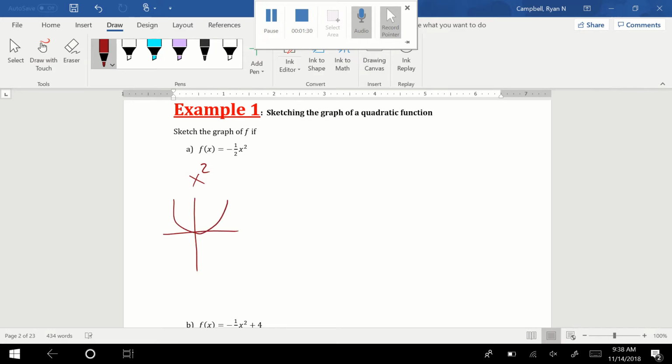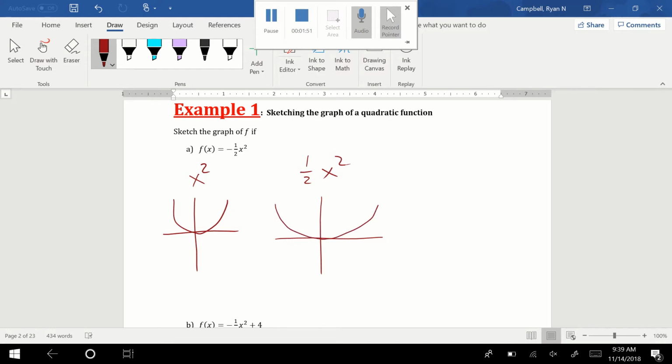If we multiply it by 1/2 on the outside, that's going to be a horizontal compression. Nope, it's going to be a vertical compression. Yep, it's going to be a vertical compression.